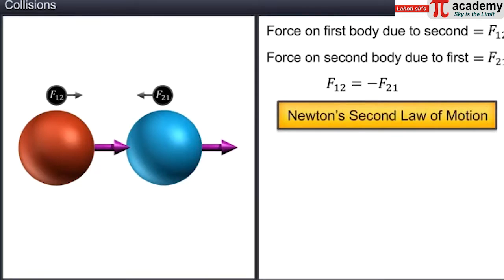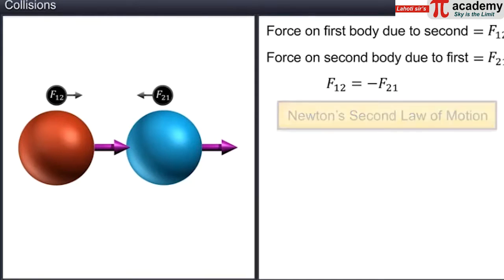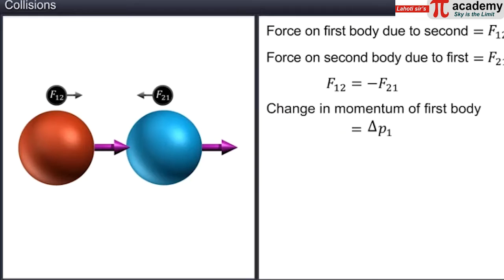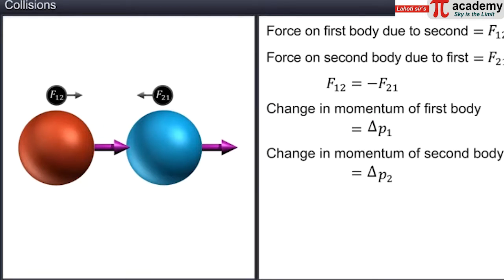From Newton's second law of motion, if delta P1 and delta P2 are changes in momenta of the first and second bodies respectively, then force F12 will be equal to delta P1 by delta T, and force F21 will be equal to delta P2 by delta T.